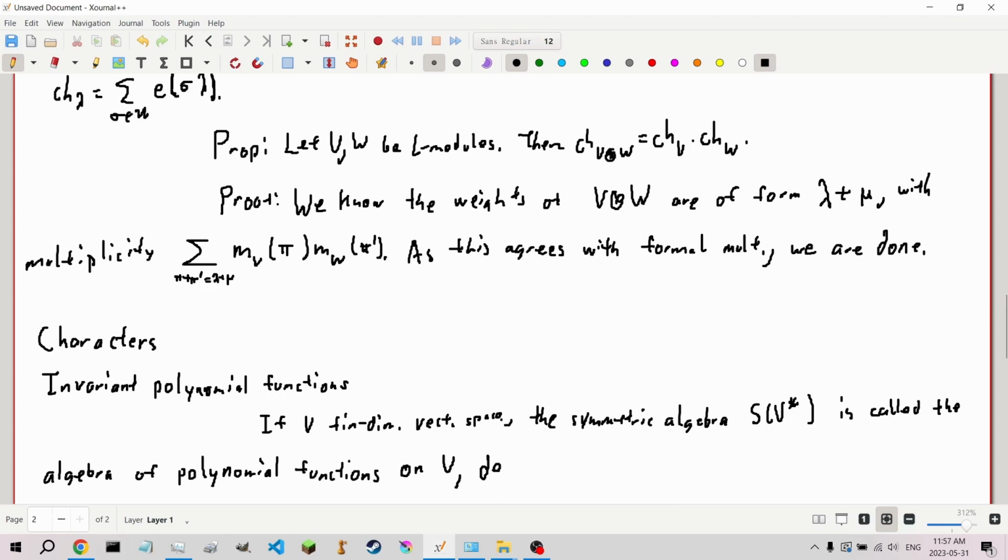And this is denoted for some reason with a B of V.